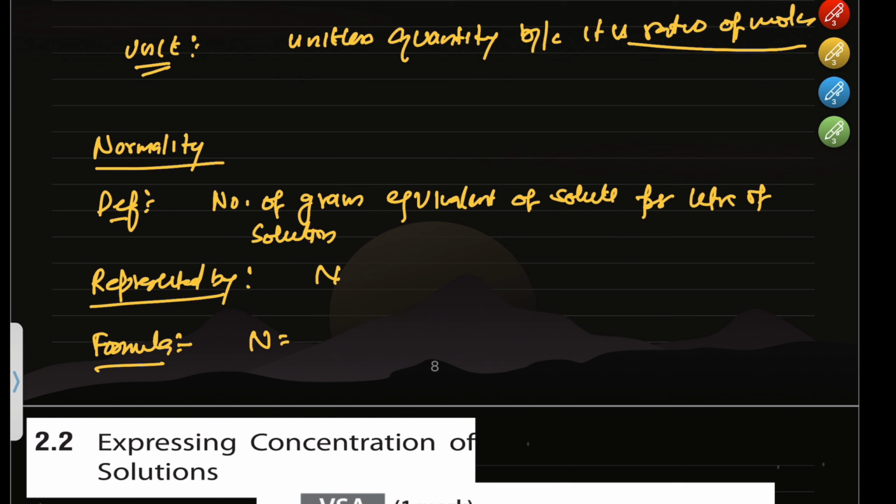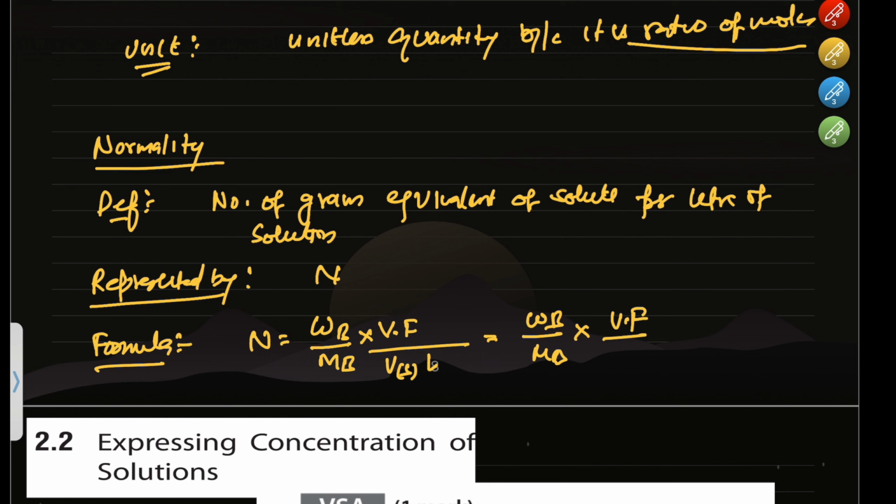Gram equivalent is the weight of the solute upon molar mass of the solute into valency factor, divided by volume of solution in liter, or weight of solute upon molar mass of solute, valency factor, upon volume of solution in ml.